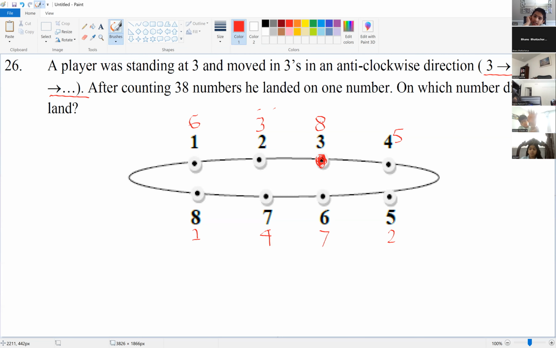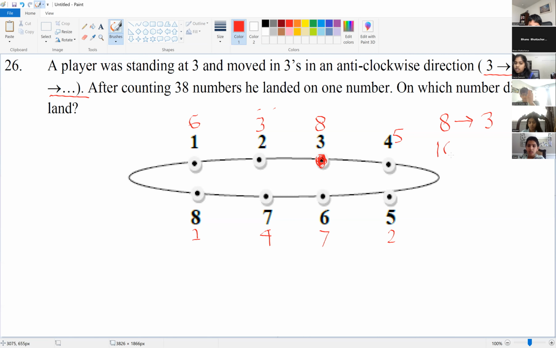So he'll be back in 3 after counting 8 numbers, right? Do you understand, Arjun? Yes. Okay. So that means after 8 numbers, he'll be back to 3. That means after 16, he'll be back to 3. 24, he'll be back to 3. 32, he'll be back to 3.